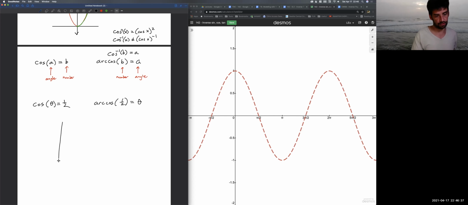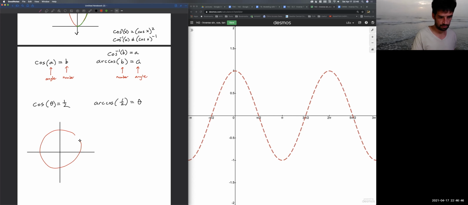If we go to our unit circle, let's draw a quick unit circle and try to recall some of the values on it. So let's go with green. So here's my angle in standard position. It's got its initial side on the positive x-axis.